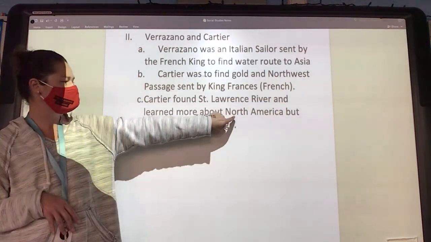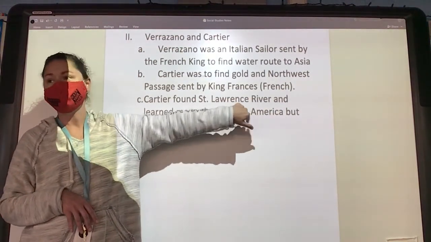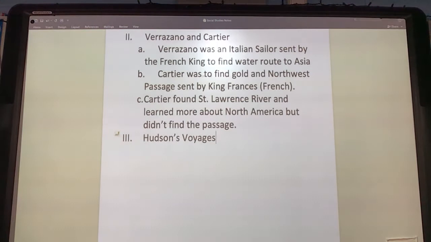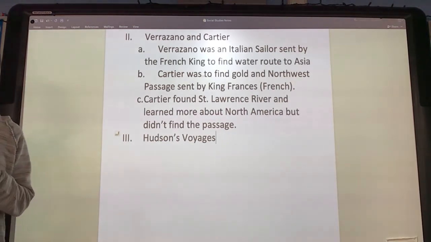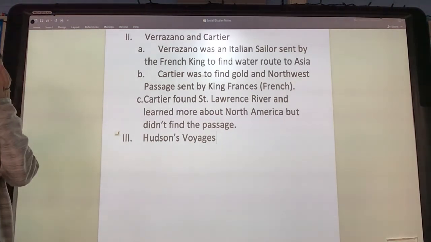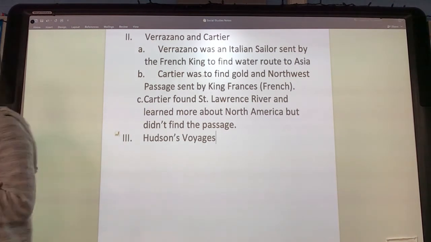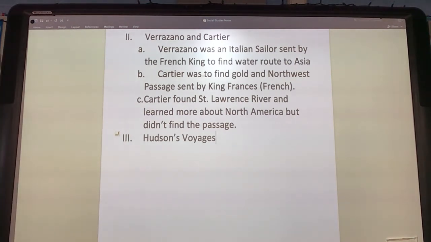North America, you might write NA or N America. However you want to write it. I type it out because I'm typing. Okay, if I were writing, I would abbreviate some things. Wait, NA is North America too, right? Correct. But if you're not going to remember that, then I would write a little more. I'd write N America.